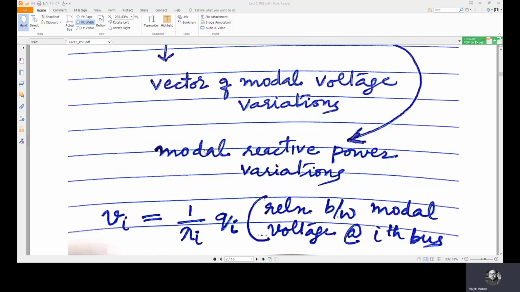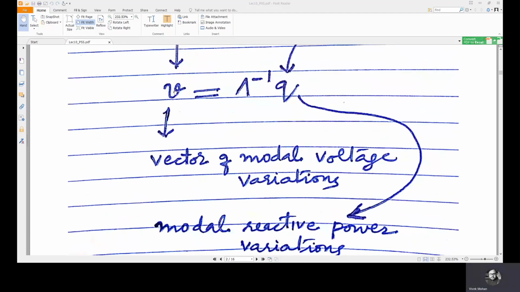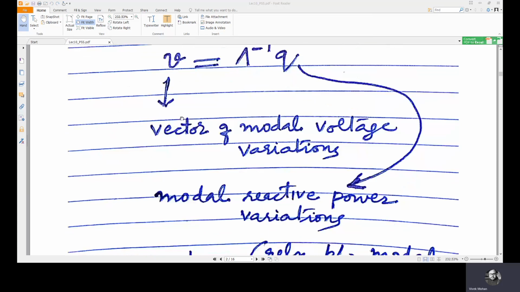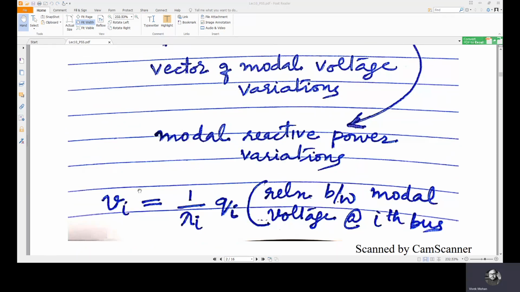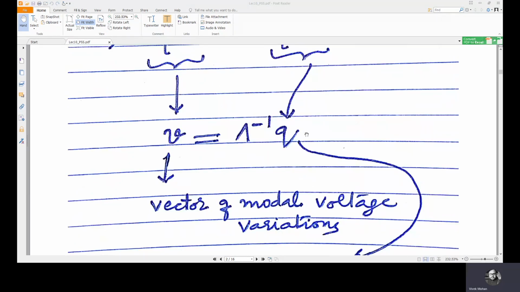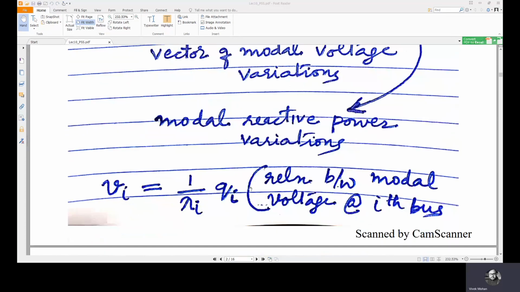Inside the vector v, we have several elements v1, v2, etc., so in general I am writing it as vi. Inside the vector q, I have q1, q2, etc., so I am writing it in general as small qi.